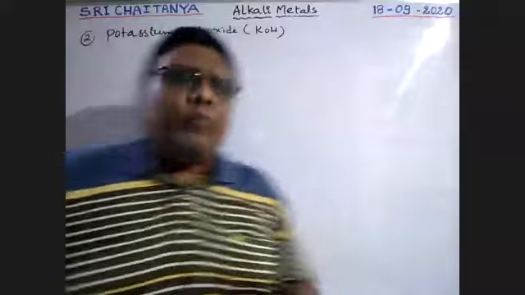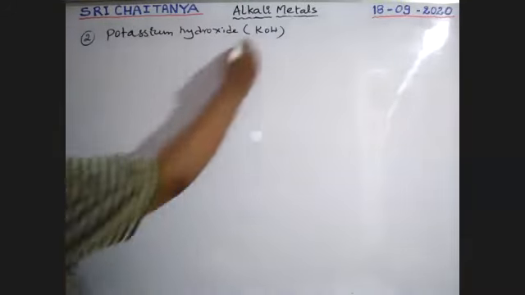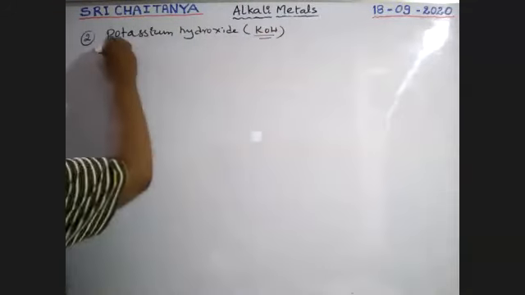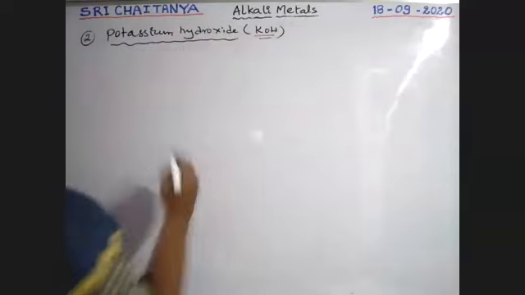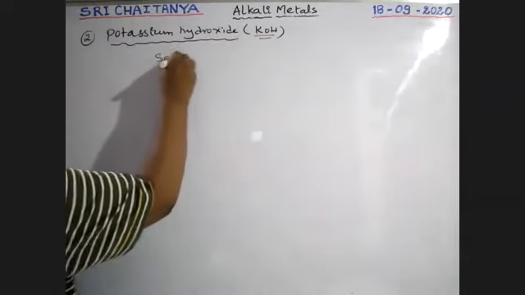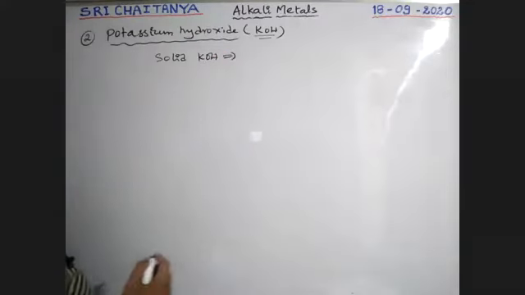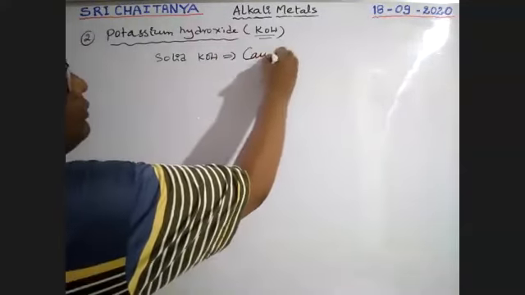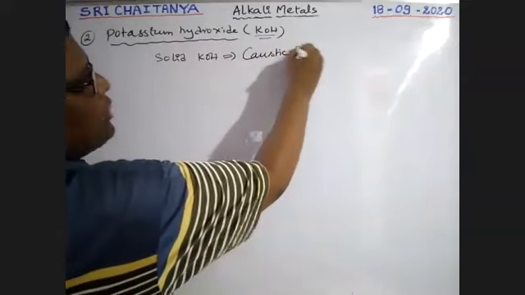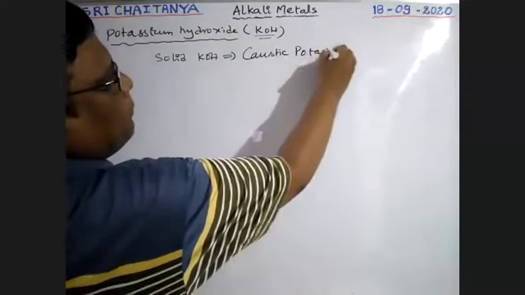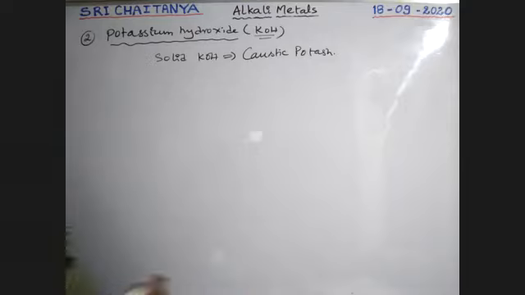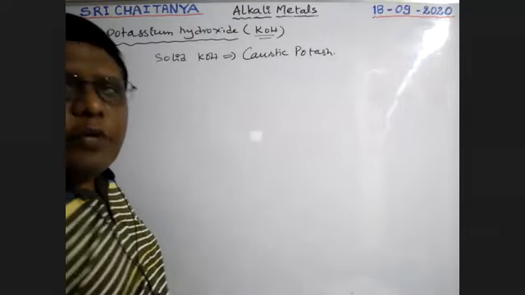So see here, KOH. Solid KOH is called caustic potash. Please keep in mind, the name of solid KOH is caustic potash.